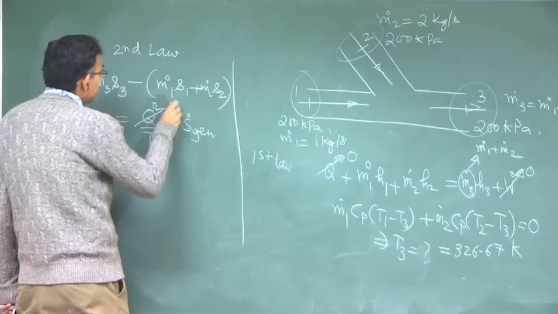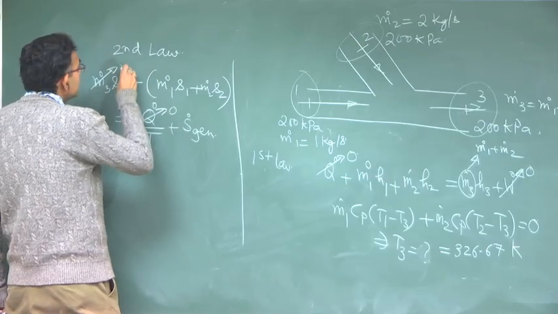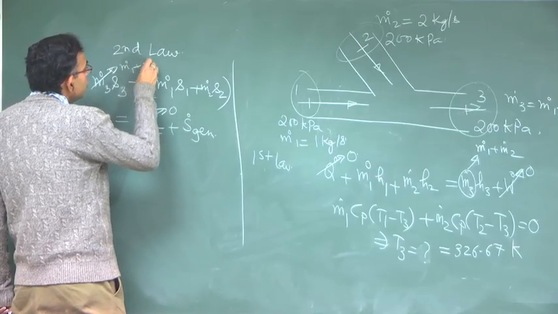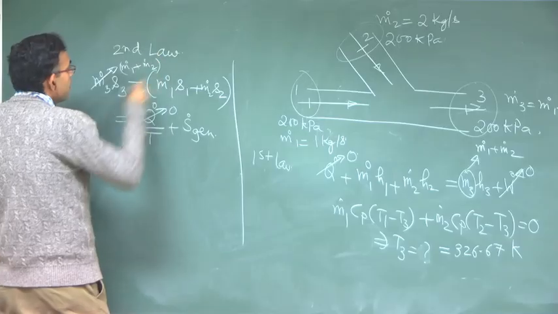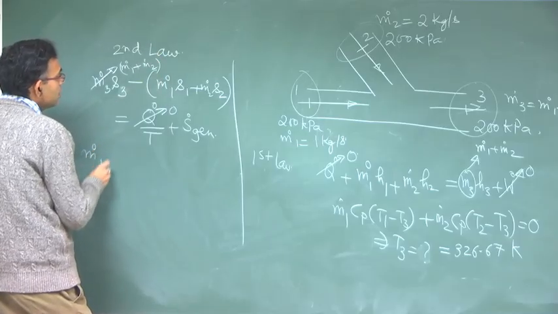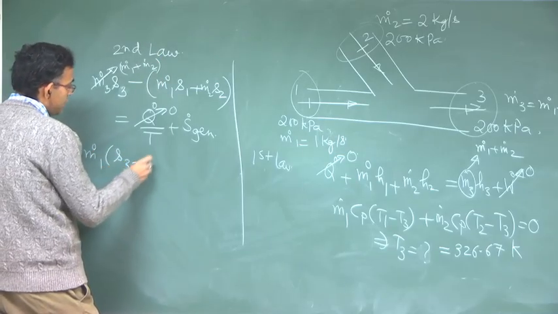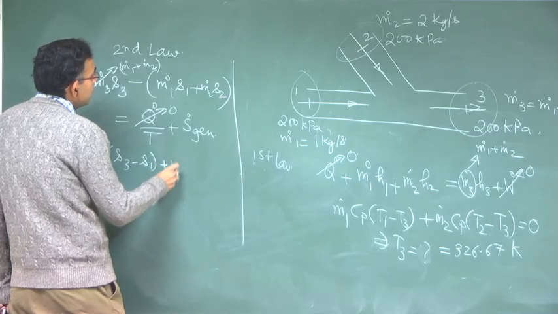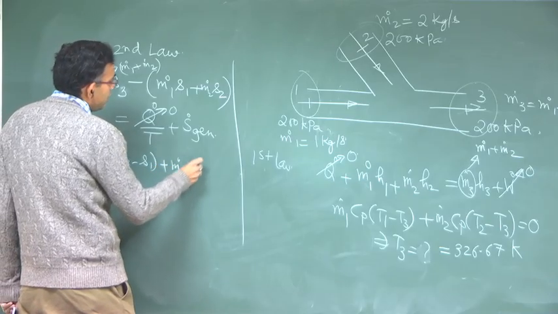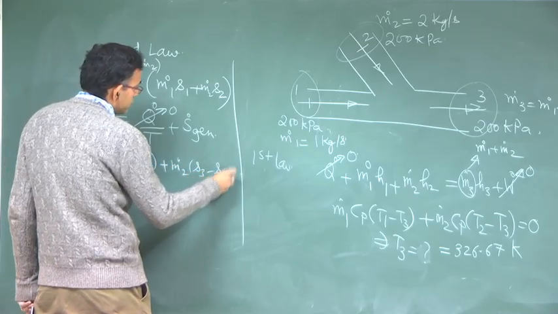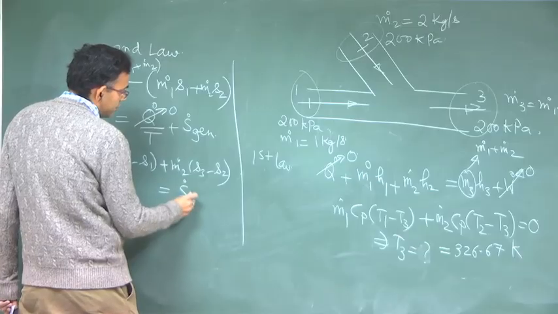There is no heat transfer, and m dot 3 is m dot 1 plus m dot 2. So, m dot 1 into (S 3 minus S 1) plus m dot 2 into (S 3 minus S 2) is equal to S dot generated.